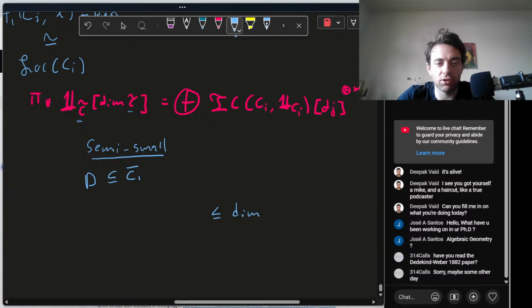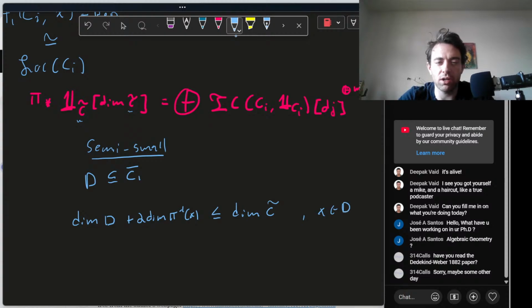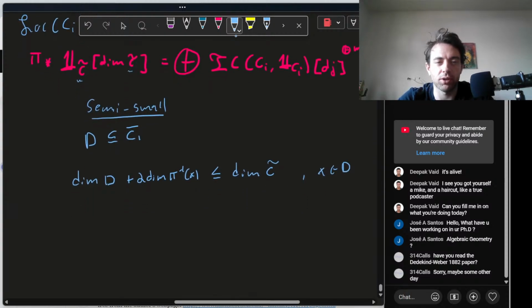Let's see if I can do this from memory. It's the dimension of C tilde, I think here will be the dimension of D, and this will be 2 times the dimension of the fiber of a point x in D. I'm pretty sure this is our formula for semi-small, if I'm remembering correctly.